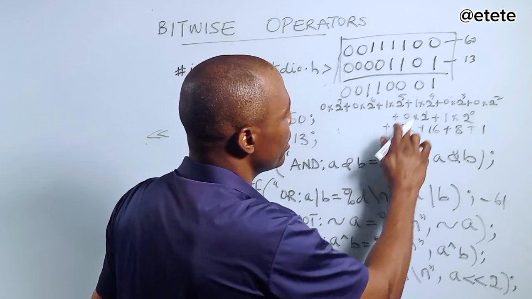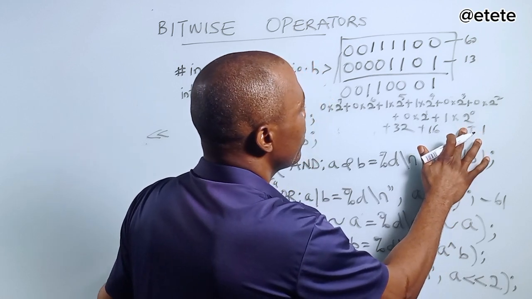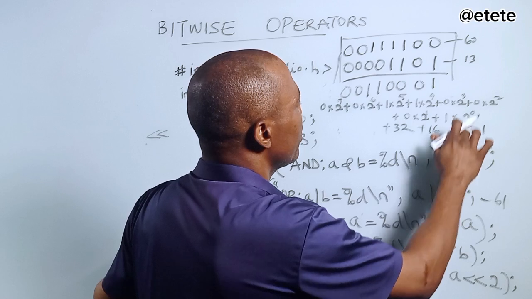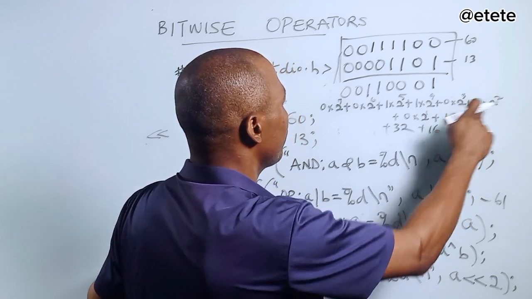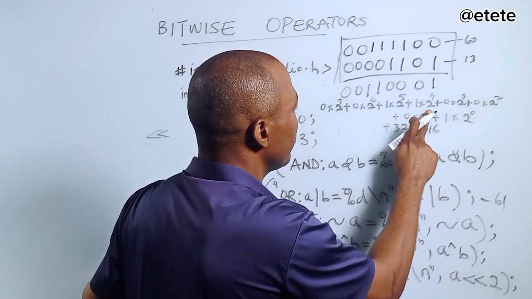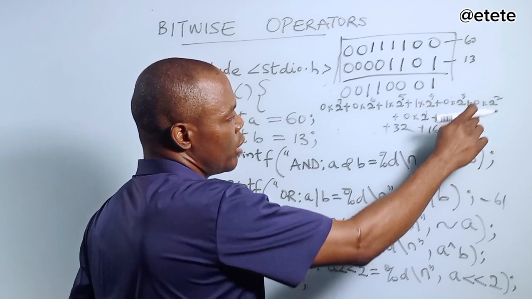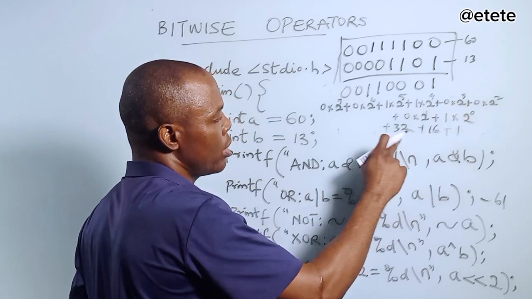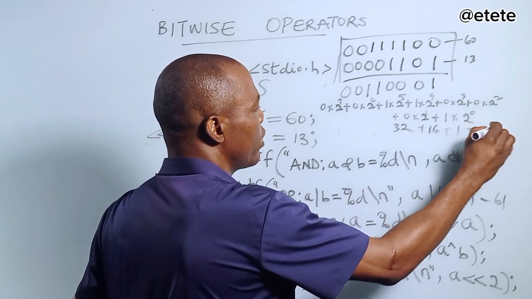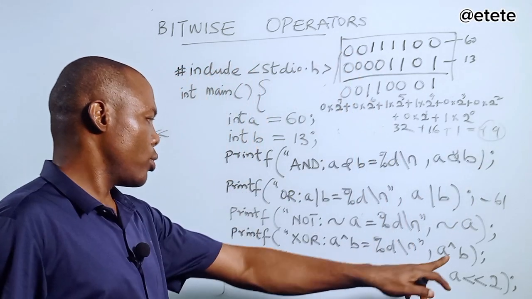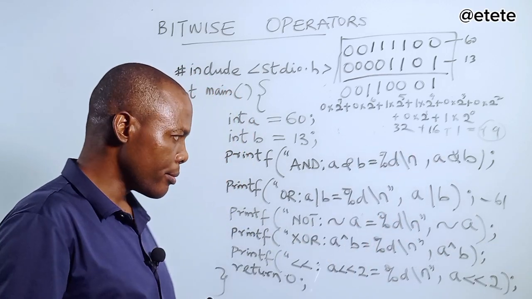This is 1, this will remain. 1, this will remain. 0, this will be off. This will be off. This is 0, this will be off. So this one will remain. So 2 raised to power 0 is 1, times 1, that is 1. So 32 plus 16 will give us 48, plus 1, that will give us 49, right? So exclusive OR will give us 49.